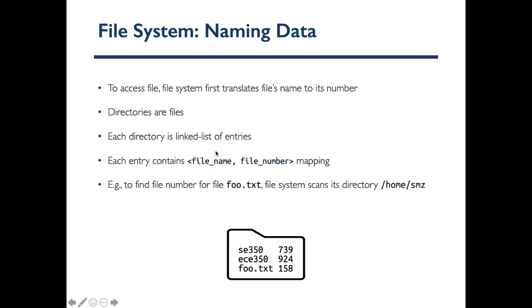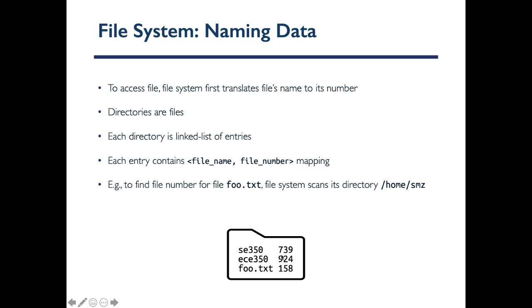All you need to implement this recursive functionality is to have file name and file number pairs. So all we need to do is to associate to each file name a file number, and then store these inside our directories. And again, this file name could be by itself a directory.